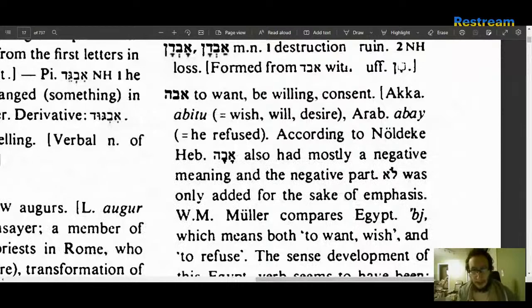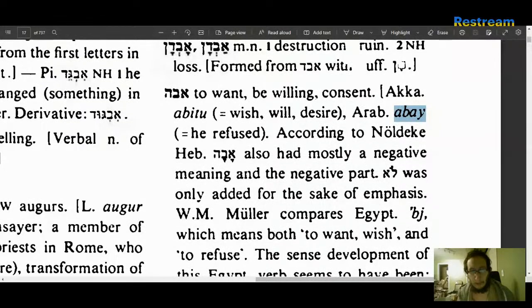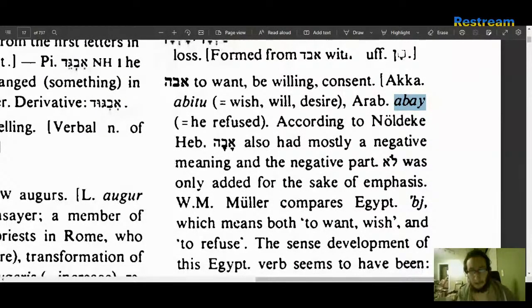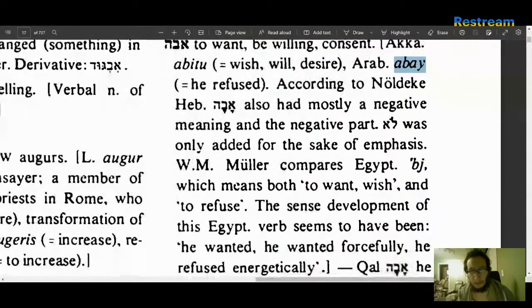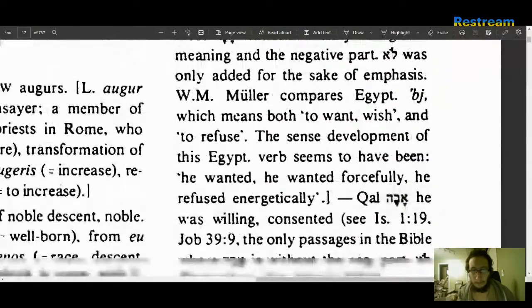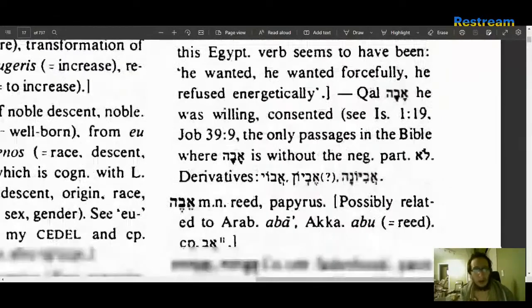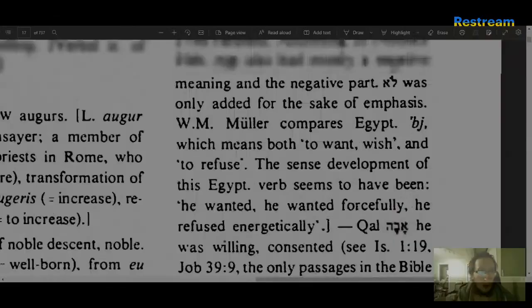Arabic, abe, same basic word. So that's essentially what it means, will or want. So let's go back to the Blue Letter Bible for a second.